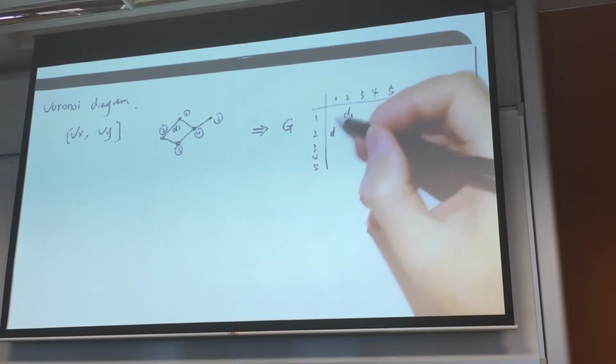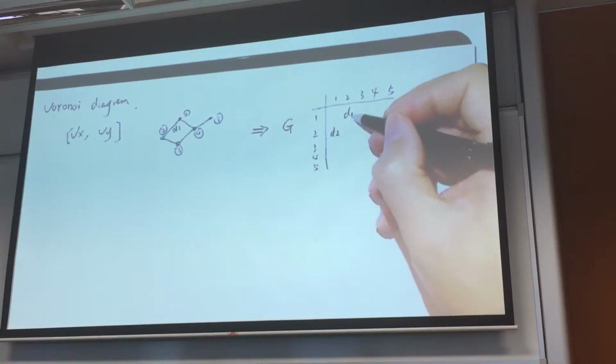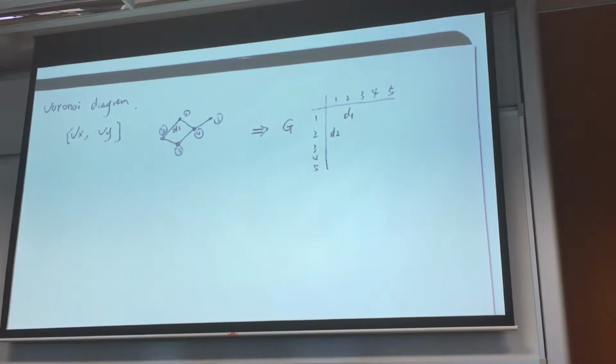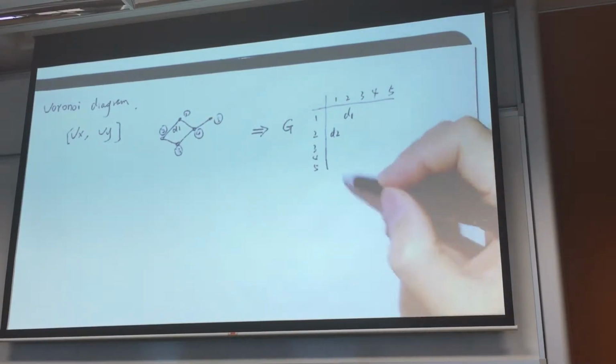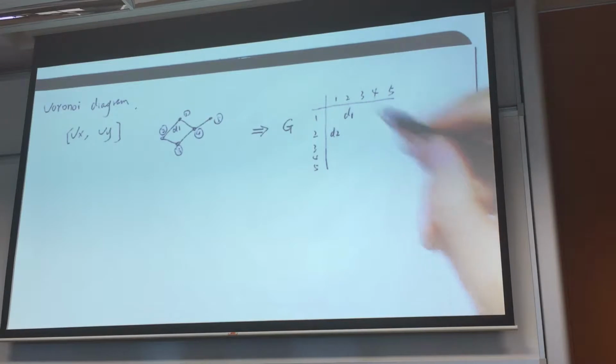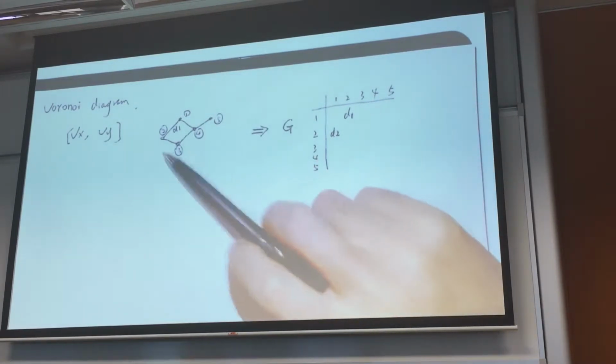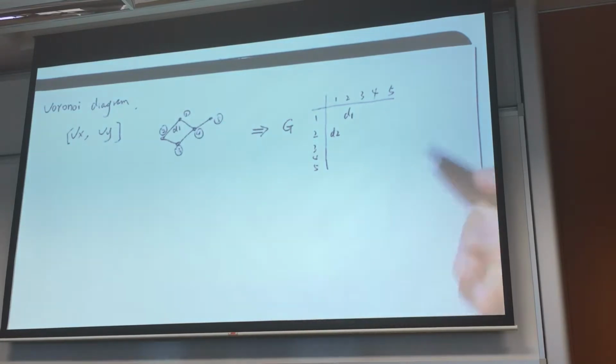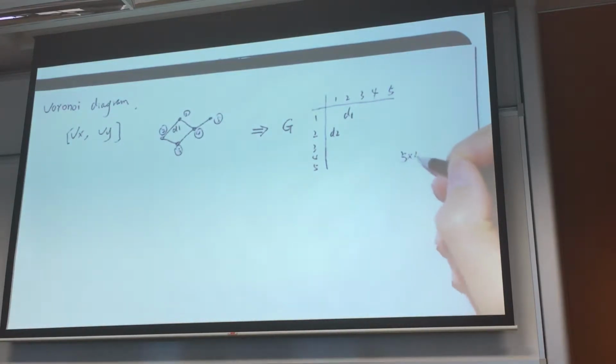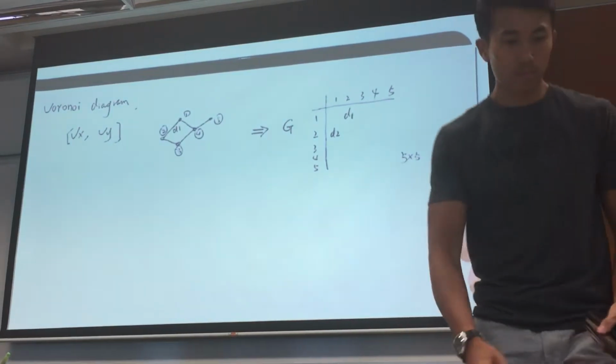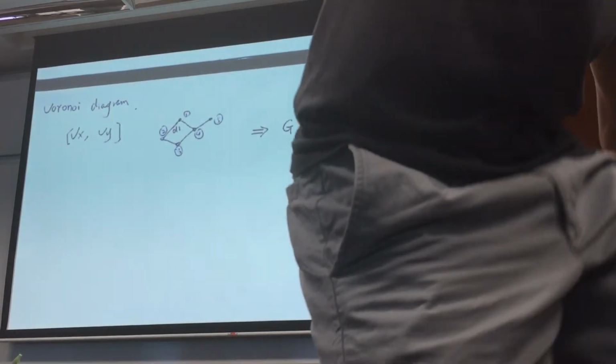From 1 to 2, you put this distance. In this way, you can construct this matrix. Here, if we got only 12 nodes, you will get a 12 by 12 matrix, so there are totally 144 elements.